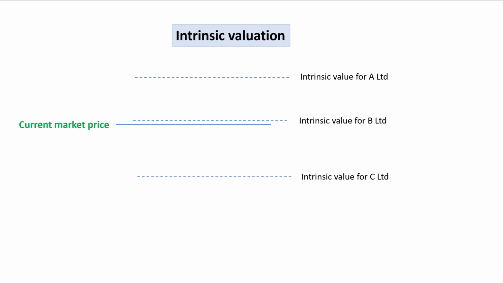Case B, it's fairly closely valued at the current market price, therefore it would be a hold investment decision. And in case C, we have a situation where the intrinsic value based on a justifiable multiple is lower than where the market has priced that particular share C, and therefore that share has been overvalued by the market, and the investment decision would be to sell.